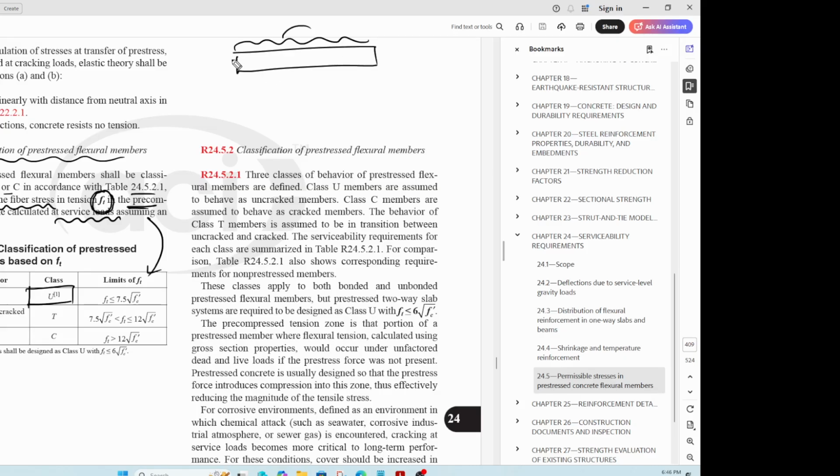So let's say you have a beam like that, and you have service loads. Under service loads, you need to find out what your tension is. Maybe tension might happen here. Maybe tension is happening at the top fiber because of all the initial pre-stress.